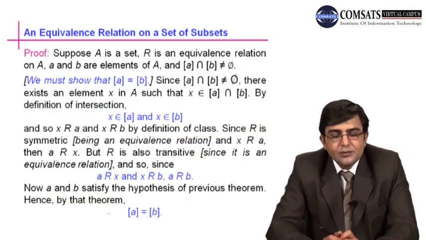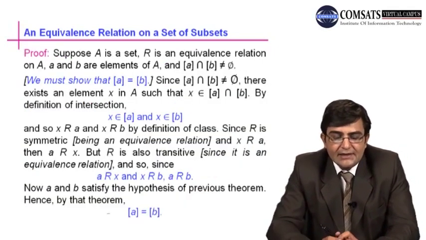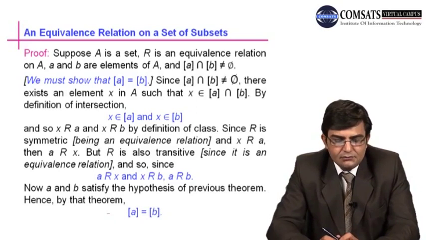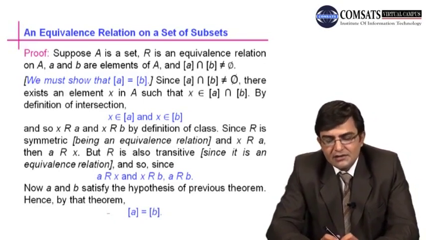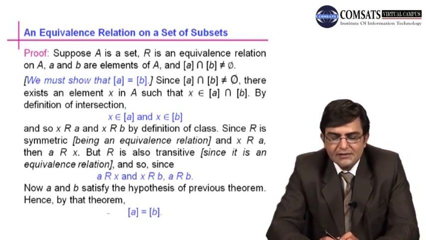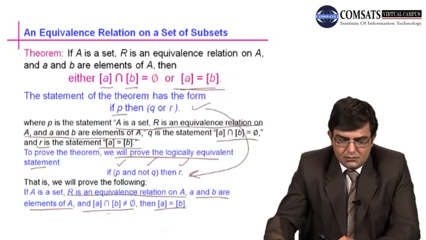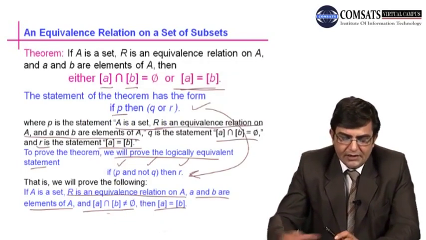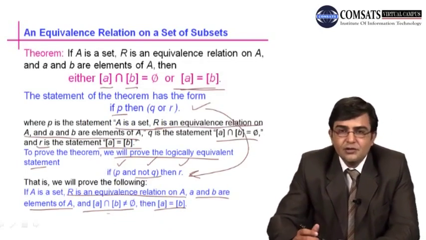So how to prove this? Suppose A is a set, R is an equivalence relation, a and b are any two elements of A, and the equivalence class of a intersection the equivalence class of b is not empty. Basically here we have the negation of q.